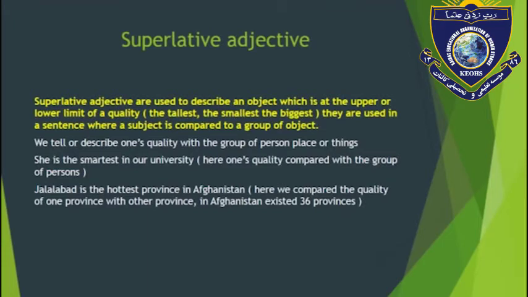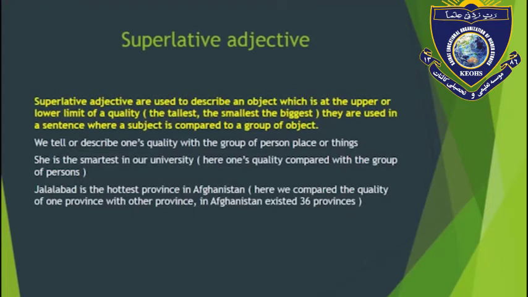They are used in a sentence where a subject is compared to a group of objects. We describe one's quality compared with a group of persons, places, or things. For example, we compare one student in a school with the other students.